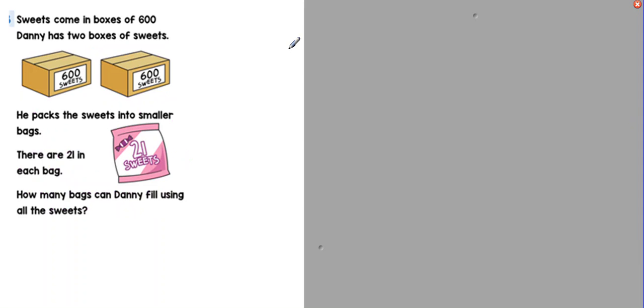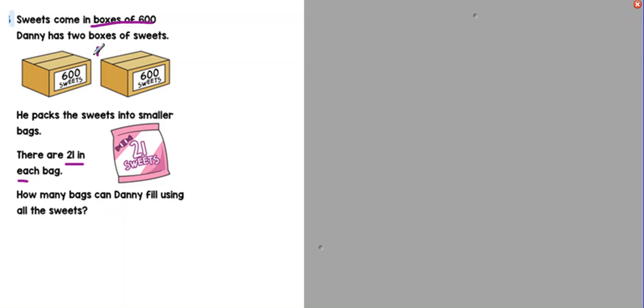This is your last question for today, so let's have a really good go at it. So, sweets come in boxes of 600. Danny has 2 boxes of sweets. He packs the sweets into smaller bags. There are 21 in each bag. How many bags can Danny fill using all the sweets?